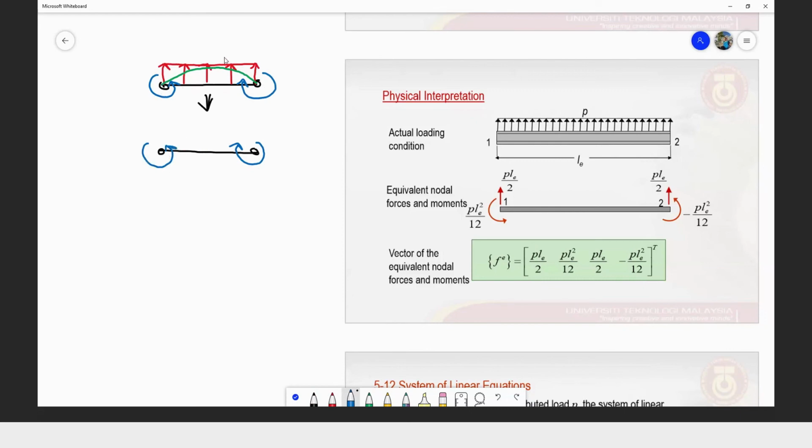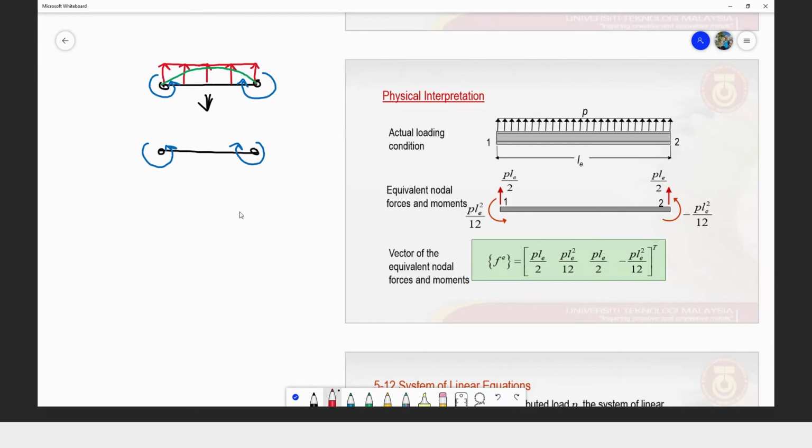So under this distributed load, our structure or beam structure will deform as represented by the green line here. And then if we consider the outward direction ni, kalau kita releasekan the two points here, actually this point here has the freedom to move in the upward direction juga kan.